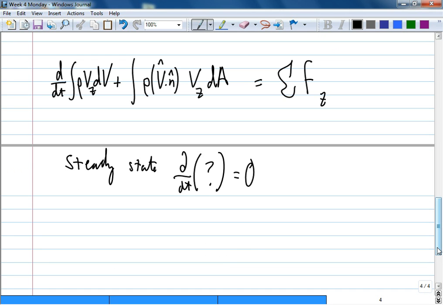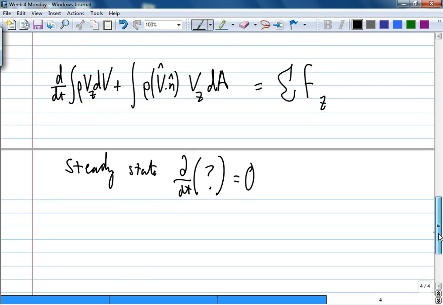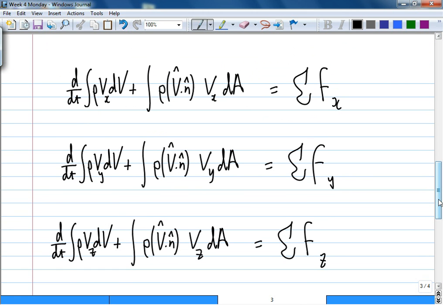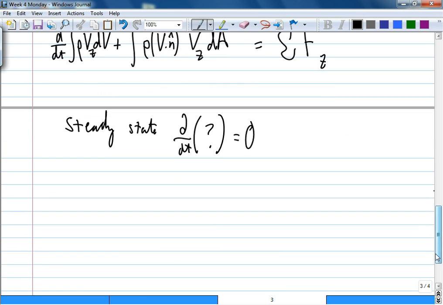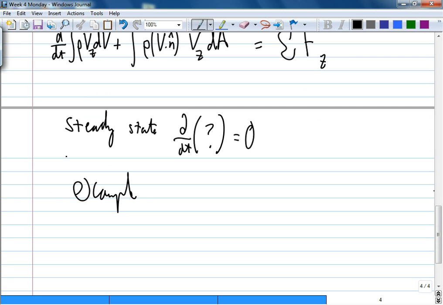Normally, if the velocity was constant across the area, for example, constant velocity.